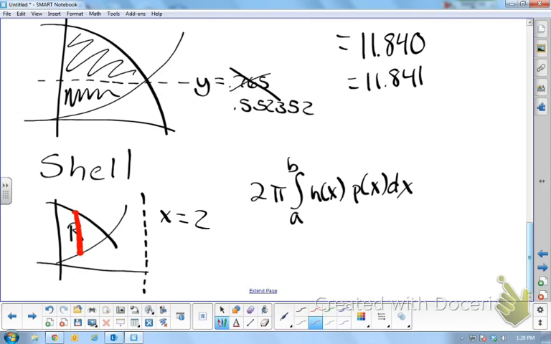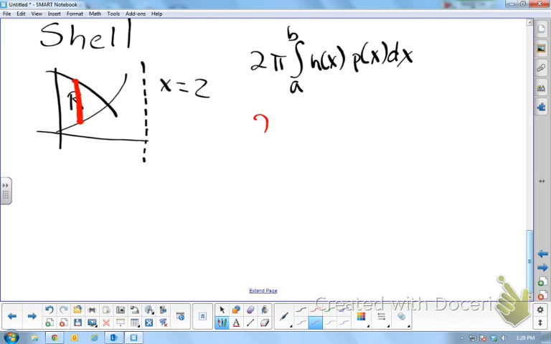How do I find the height? That is still the bounds. Our bounds will not actually change on this. How do I find the height? I want the distance between this top function and this bottom function, top minus bottom. So h of x is just 1 minus x cubed minus sine of x squared.